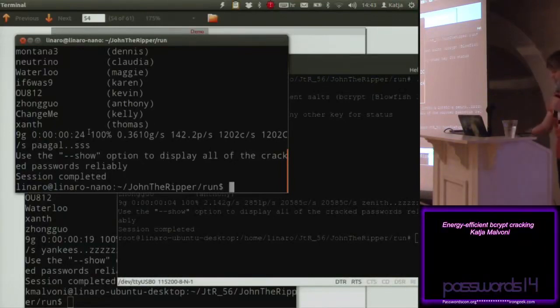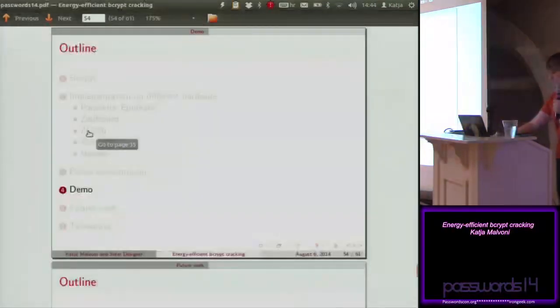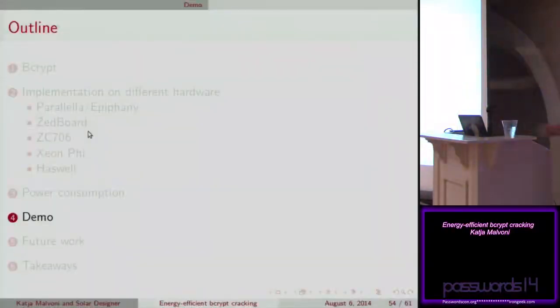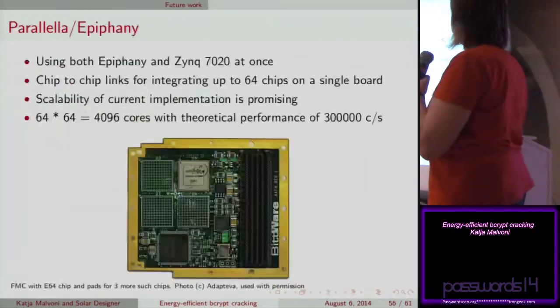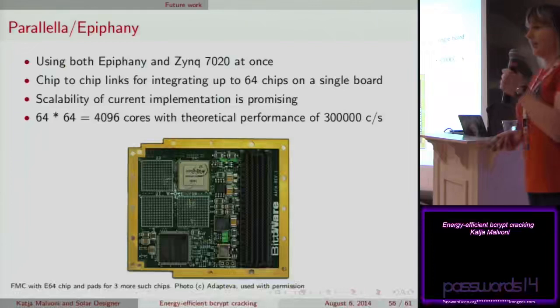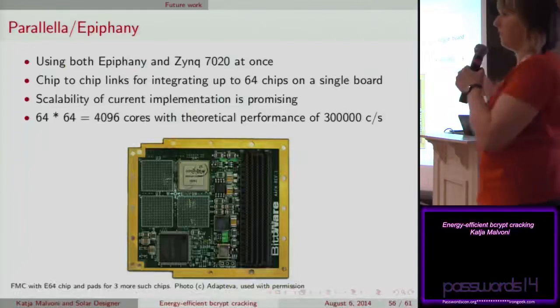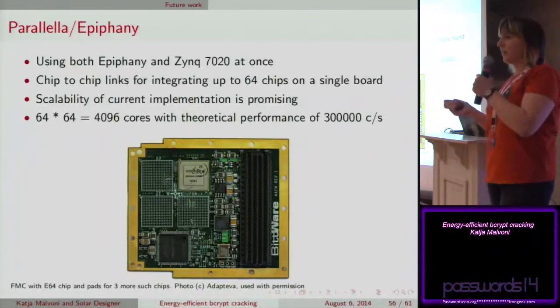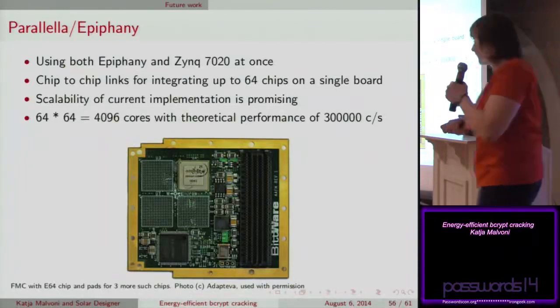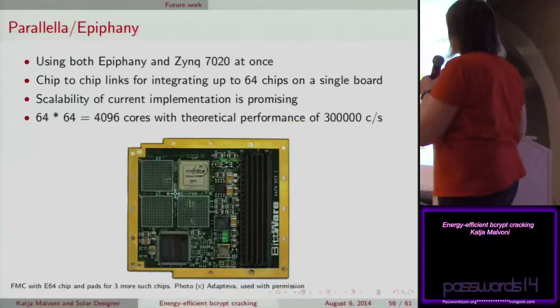I want to go back to the slides. So, future work. On Parallella and the Epiphany device, as you could see from the performance numbers and the theoretical analysis, it's a completely optimal implementation.